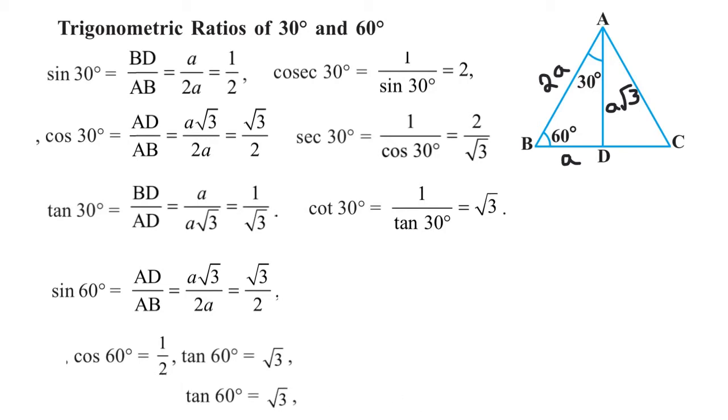What about cosecant 60? It's going to be the reciprocal of sine, which is 2 over root 3. Secant 60 is the reciprocal of cosine, that's going to be 2. The reciprocal of tan is cot, and that's going to be 1 over root 3.